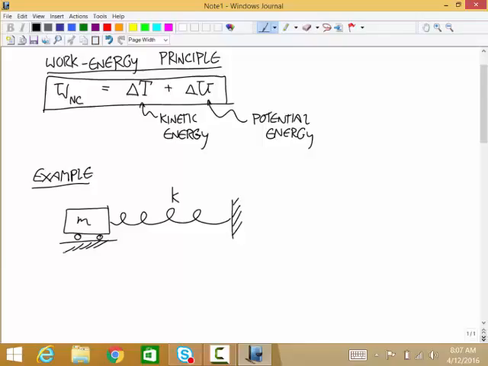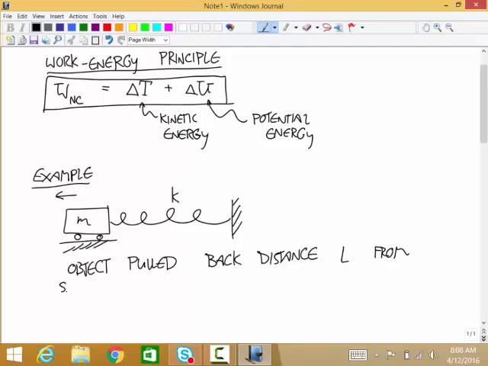And let's say that the object is pulled back a distance L this way, from the spring's resting length, and released.